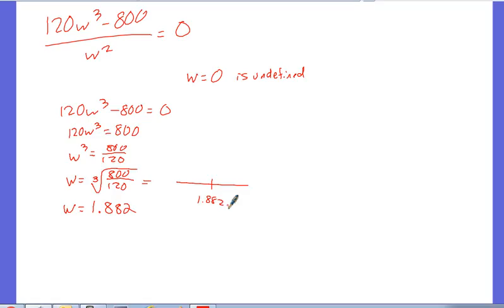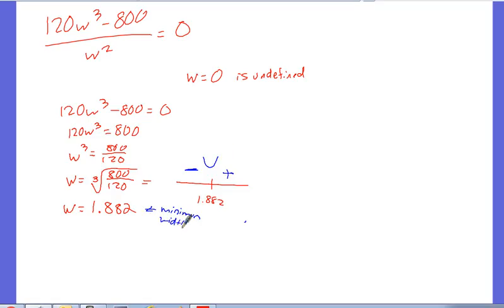Can't have a negative width anyway, so why test it? You see what I'm saying? So let's try 1. What do you got? Negative. And then let's try 2. What do you got? What happened? It's a min. Verified. We're good to go? So at this point, this is my minimum width.